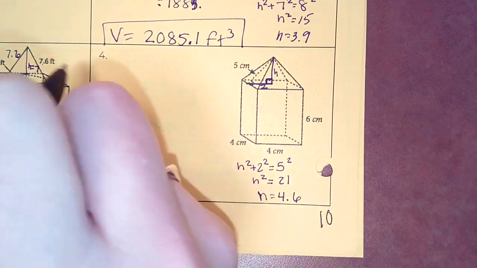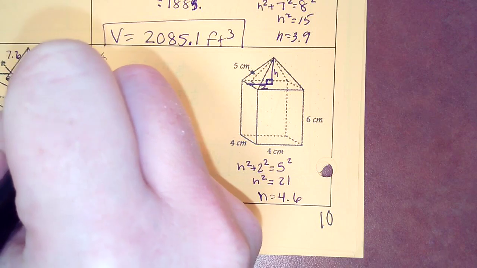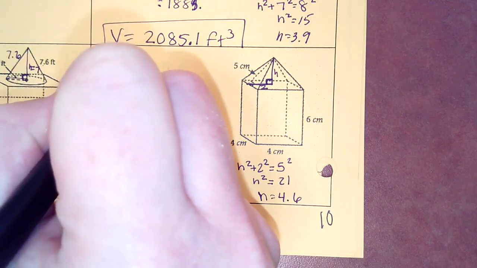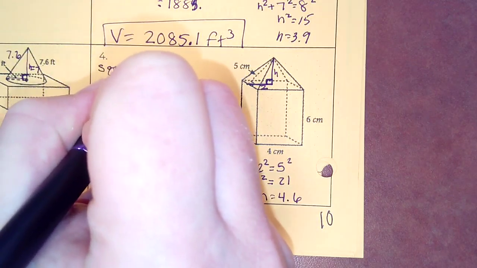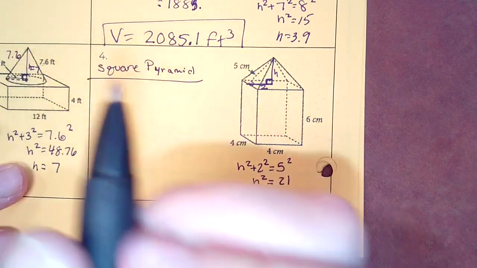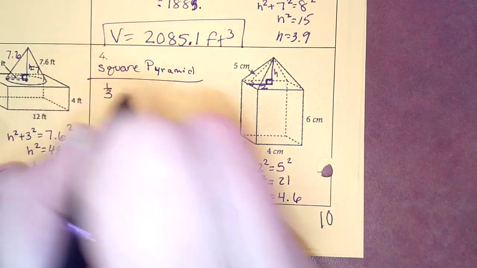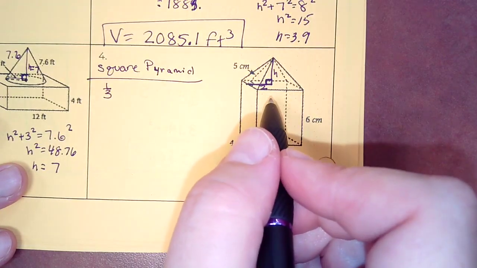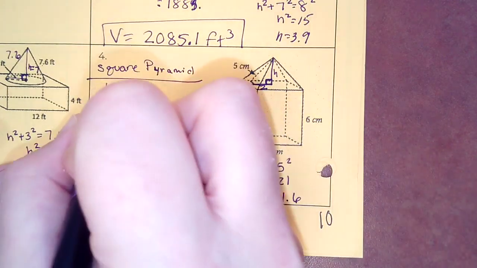Now let's go ahead and do the square pyramid. So it's 1/3 base area. Base area is a square, so 4 times 4.